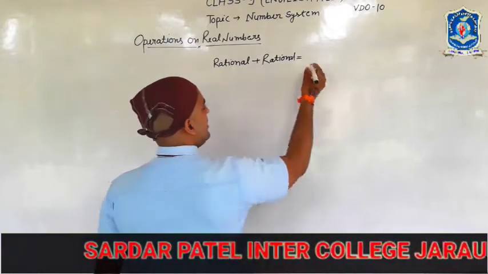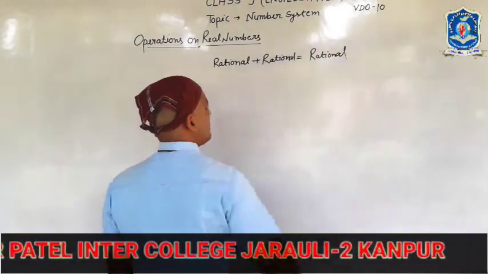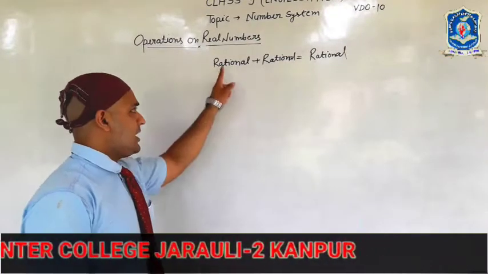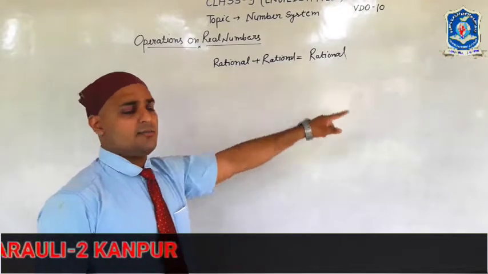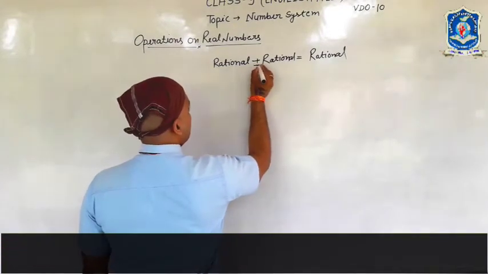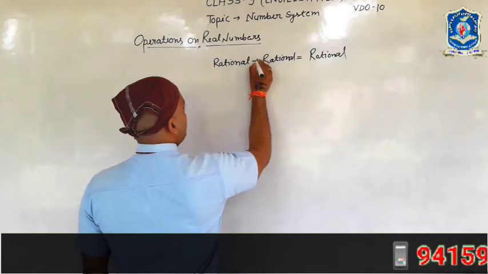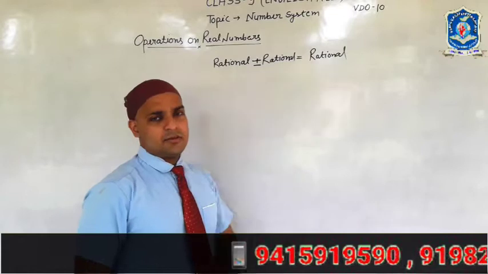The result will be rational. If we add or subtract rational numbers, the result will be a rational number.